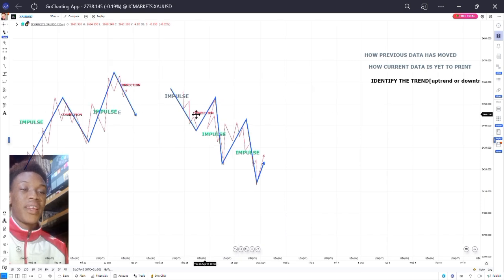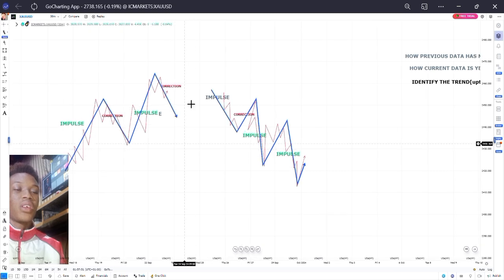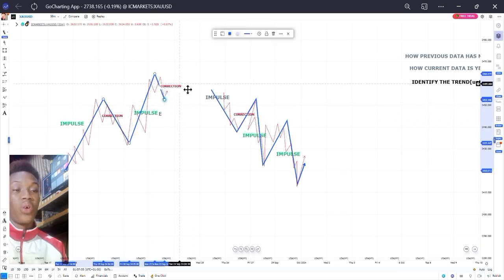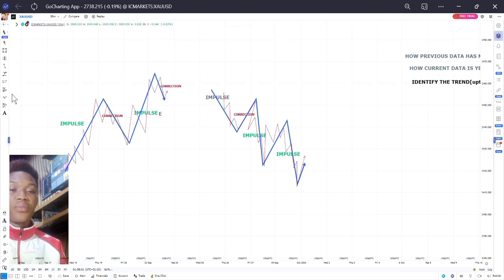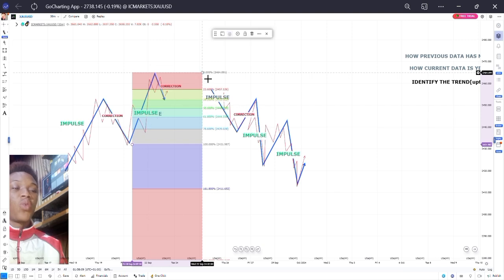So after identifying the trend, the next thing is to what? After identifying that this is yet to be a correctional movement, guys, what's the next thing to do? First of all, on the higher time frame, I will take my fib2. My fib2 is the first tool that comes into place, and it works on any time frame, either on 1 minute, 2 minutes, any time frame.